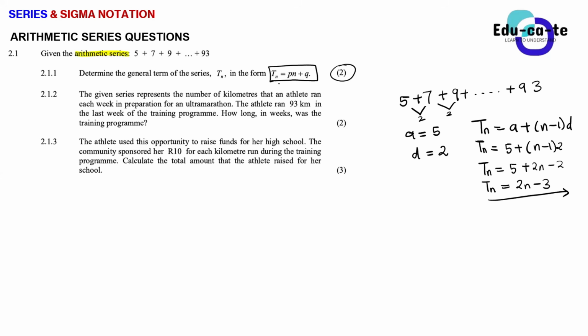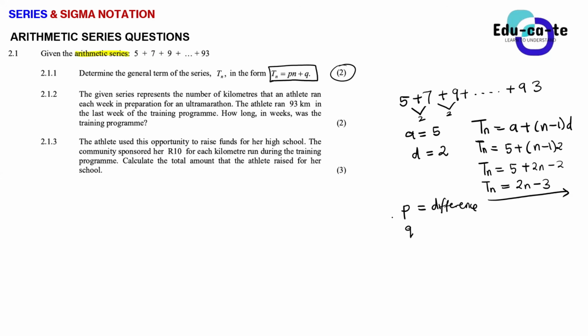Yes, fellow. What if I use that formula to find the general formula? Which one? Tn plus Q. Okay, how would you use it? Let's hear. P will be my difference. Okay, you say that P is your difference. Yes. Okay, and then your Q, what would it be? No, I'm going to find Q. Okay.